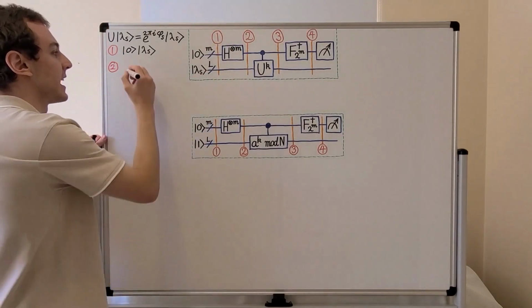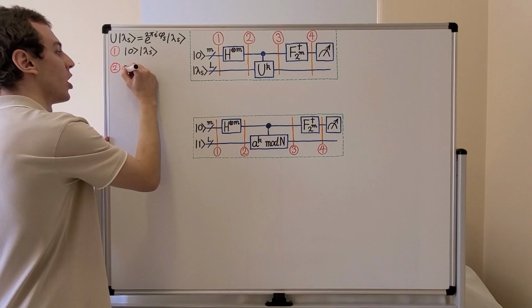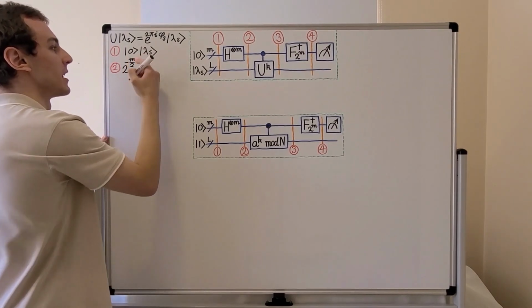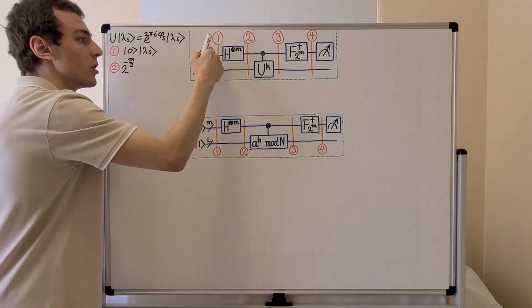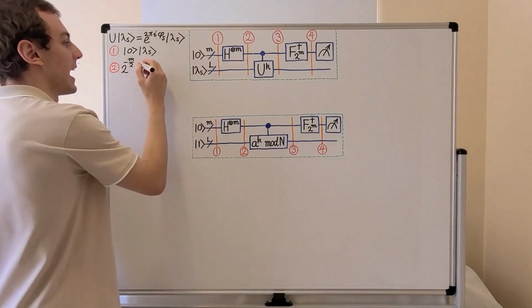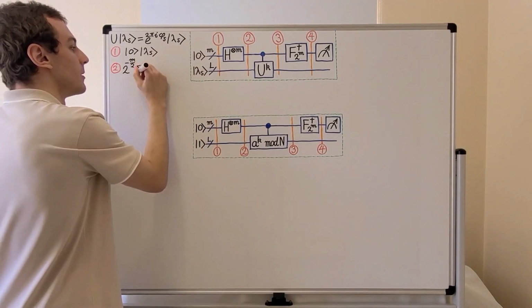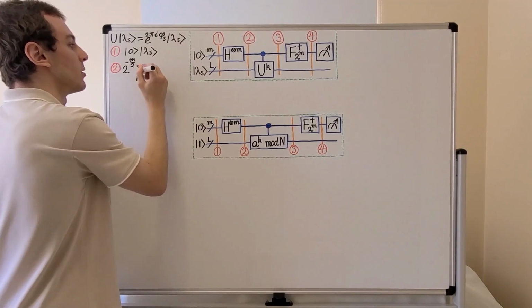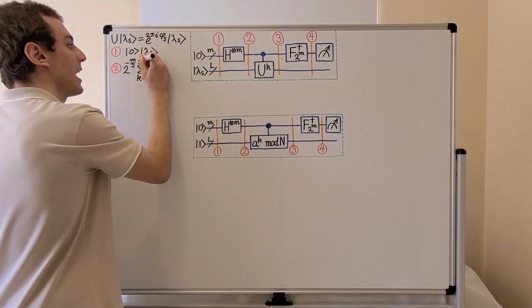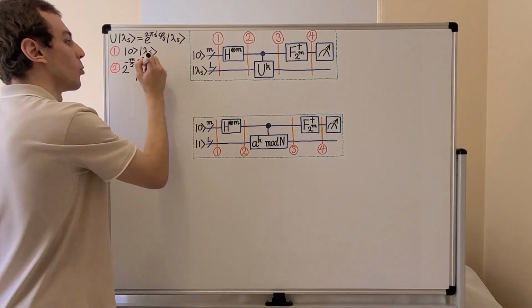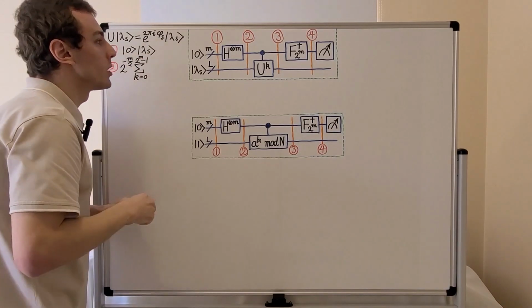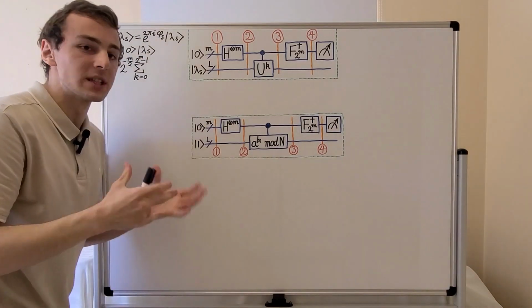We can write that as a normalization coefficient of 2 to the minus m over 2. This m over here is the number of qubits we're dealing with. And then we're going to have the sum over some index k going from 0 up to 2 to the power of m minus 1. So why is there a 2 to the power of m? Well, we're looking at a dimension of a Hilbert space.